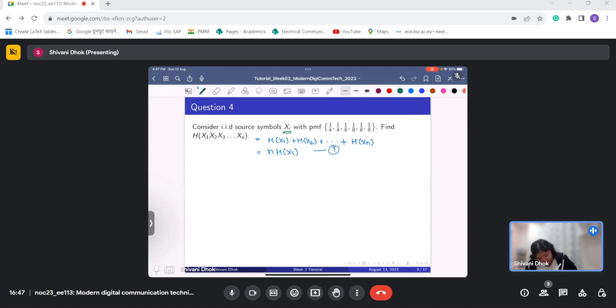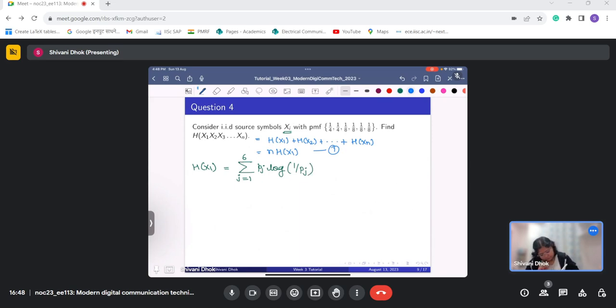And next what we need to find is, what is this H(X1)? So this H(X1) is given by the summation j equal to 1 to, how many symbols do we have? It is 3 plus 3, 6. So j equal to 1 to 6, pj into log of 1 by pj.